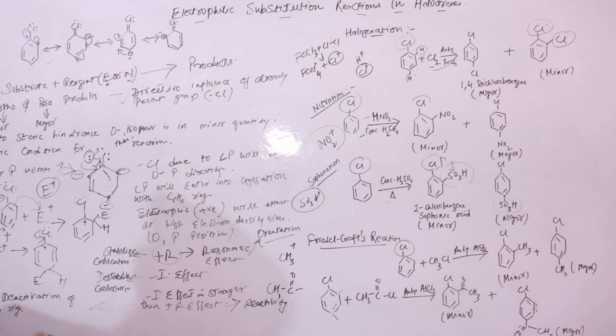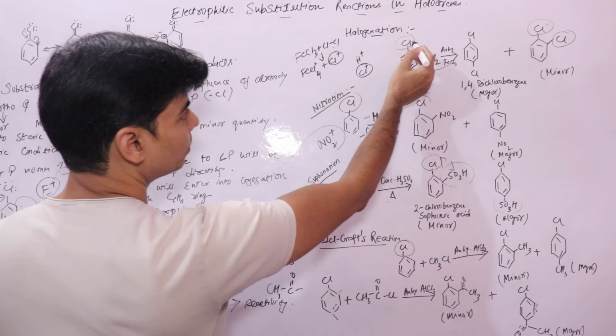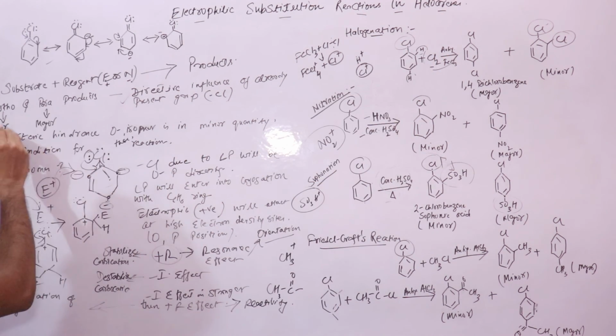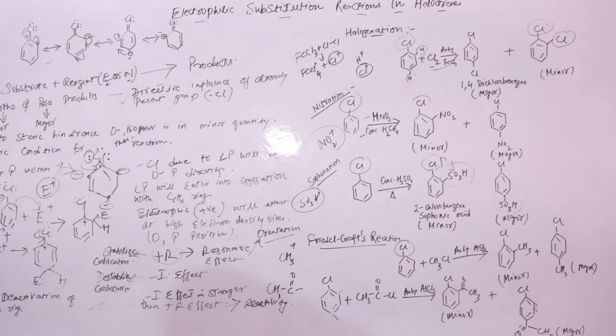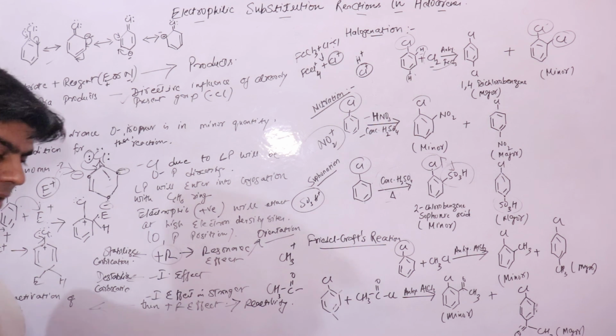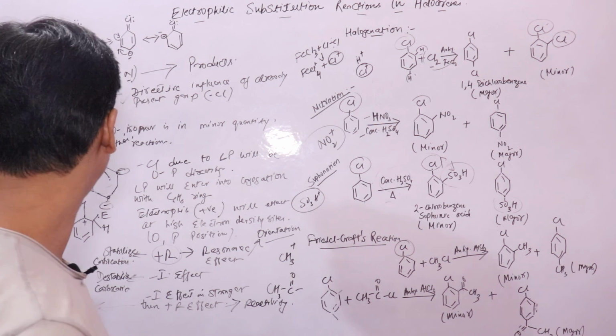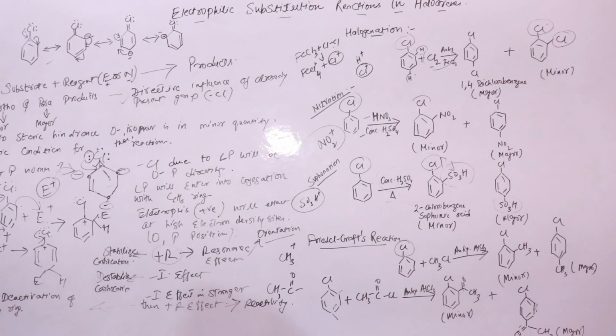Now we said that the already present group, which is Cl, is ortho and para directing, and the ortho product will always be in minor quantity and the para product in major quantity because of steric hindrance.